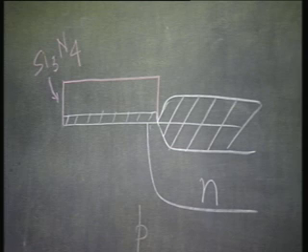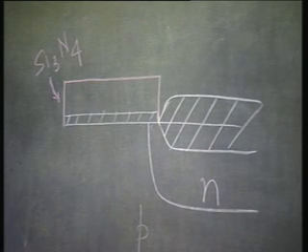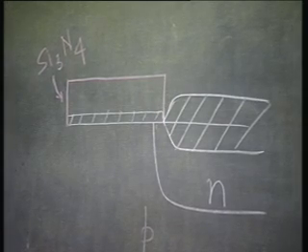Now, I want to strip off the nitride as well as the thick oxide that is grown on top of the well. I want to strip off both this oxide as well as this nitride and oxide. So, what do I have if I strip it off?